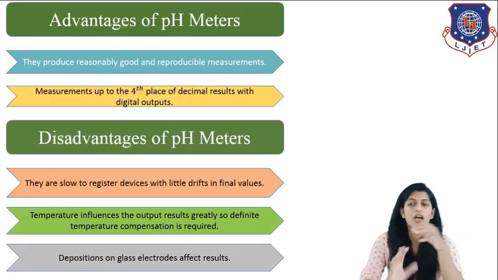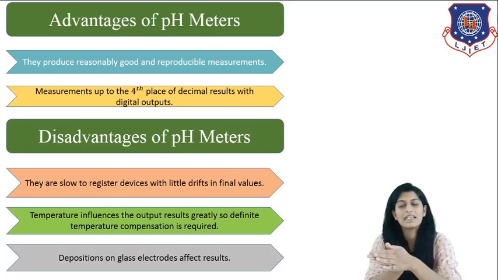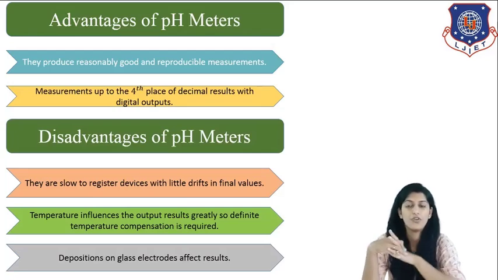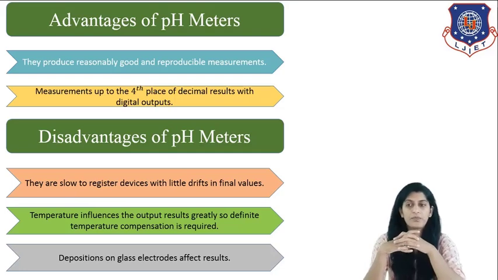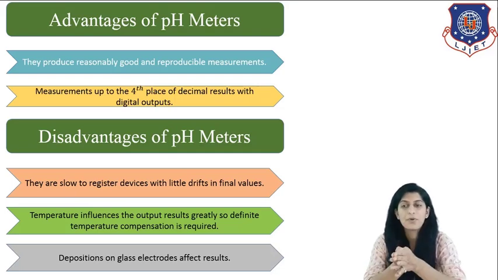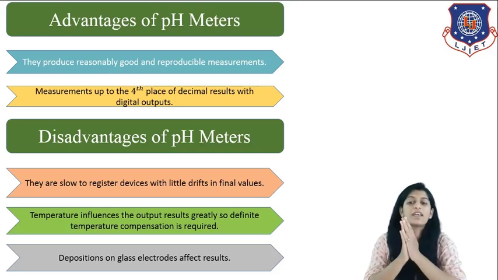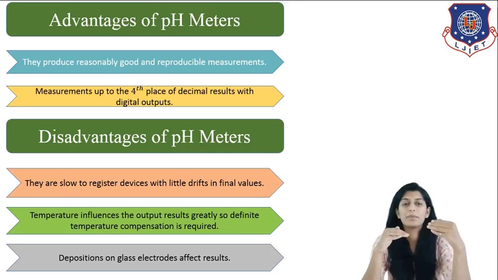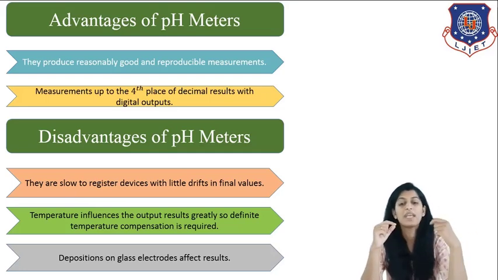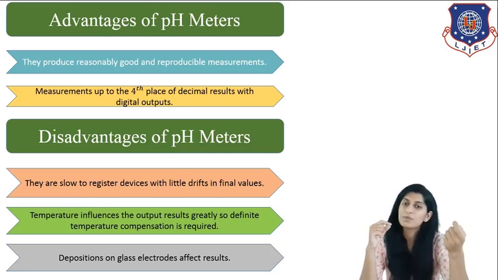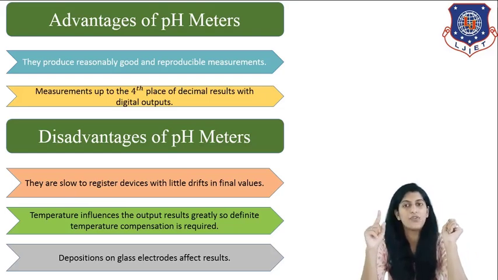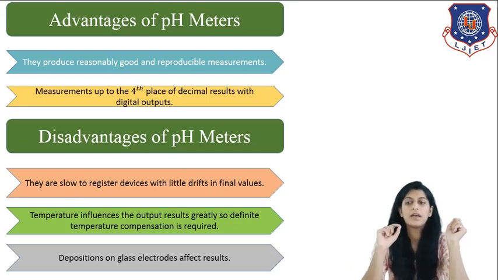Now let's talk about the advantages and disadvantages of using a pH meter. The first advantage of using a pH meter is that they produce reasonably good and reproducible measurements, right? You can use a pH meter again and again and it will give the exact result for the same solution.